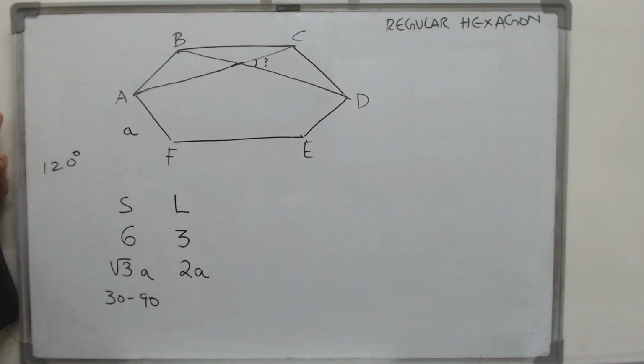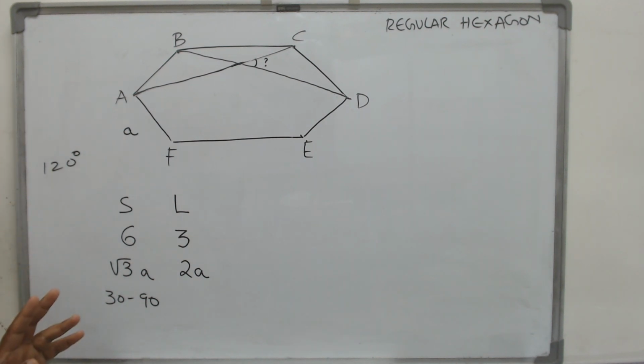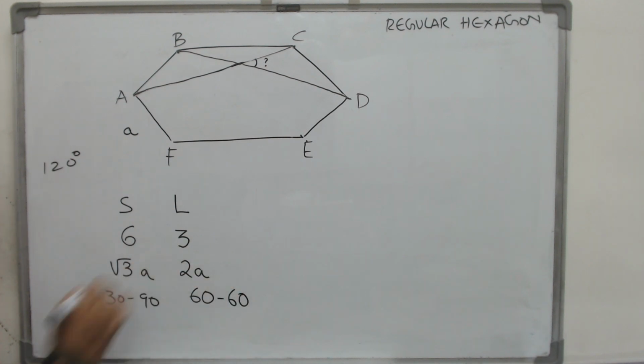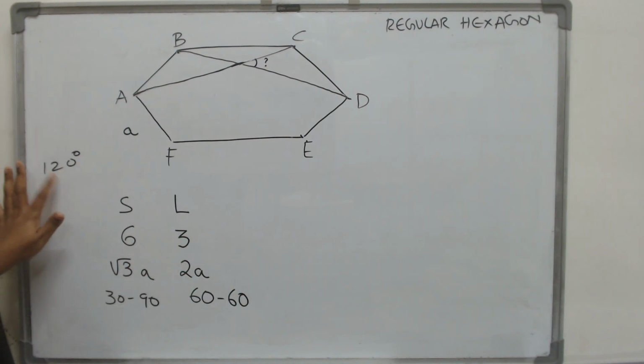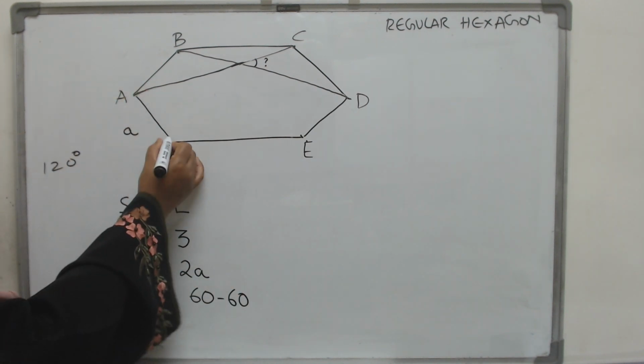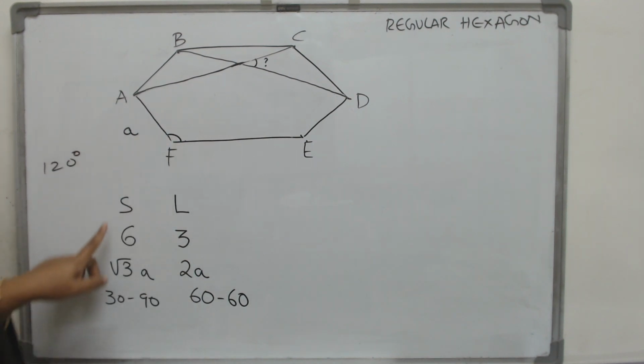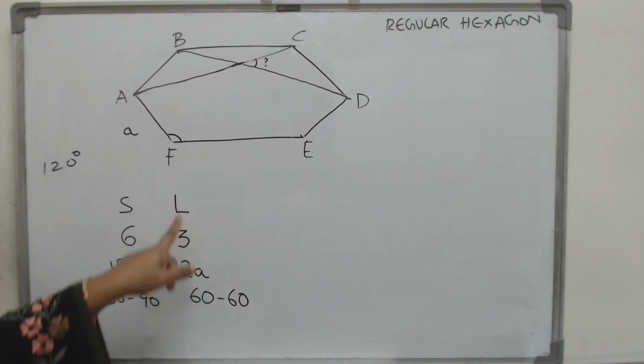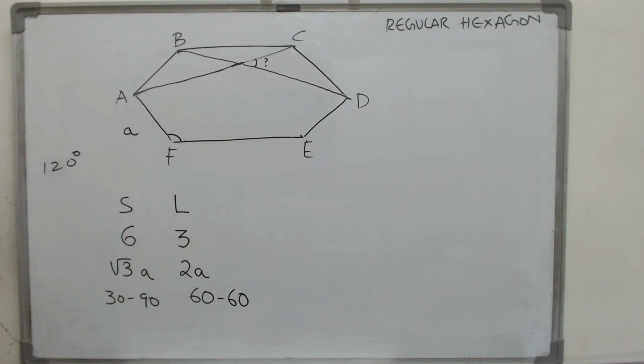In case you are wondering how the long diagonals split the connecting vertices, they split it in a 60-60 ratio. Each of these angles is 120, right? So the short diagonals will split it into 30-90 and the long will split it in the 60-60 ratio. That is what you will see today, and that is how we are going to get our answer.